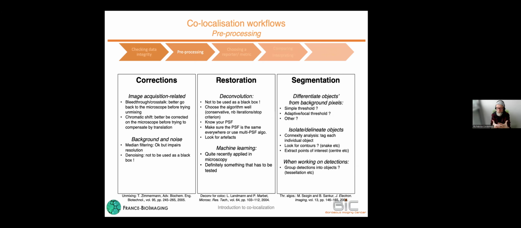In terms of resolution, deconvolution is a good way to go, where you, knowing how the microscope will impair your image, you may try to reverse the process. But once more, deconvolution should not be used as a black box. And talking about black boxes, machine learning, this is quite exciting nowadays.